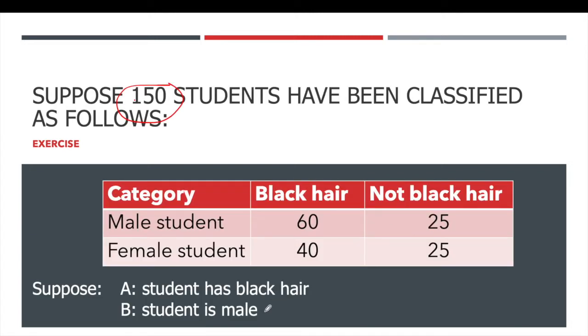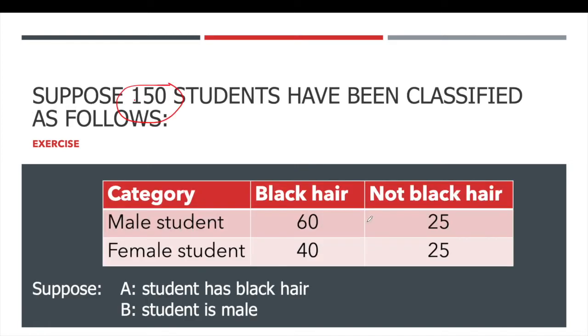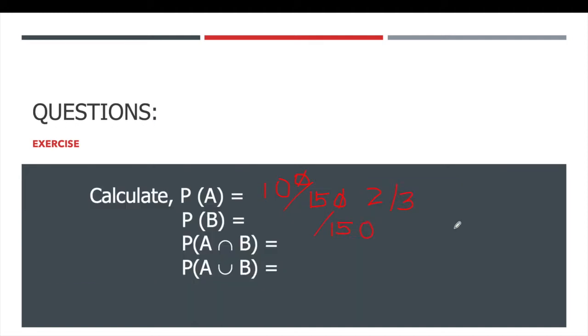Next, what is PB, the probability for B? B is student is male. They just want to know how many males are here. Again, the total should be 150, and how many male students? 60 plus 25, 85.